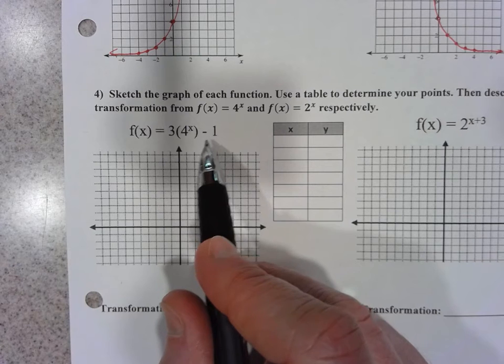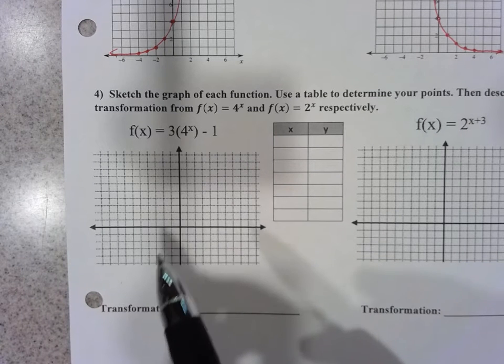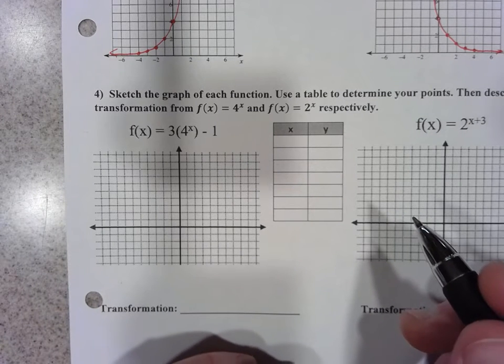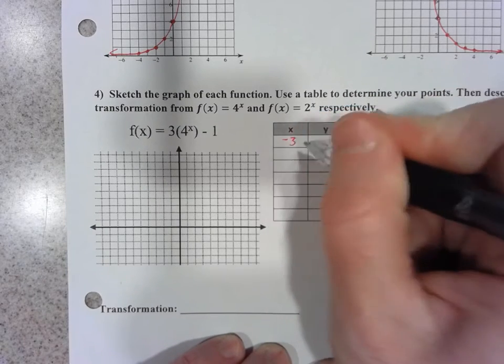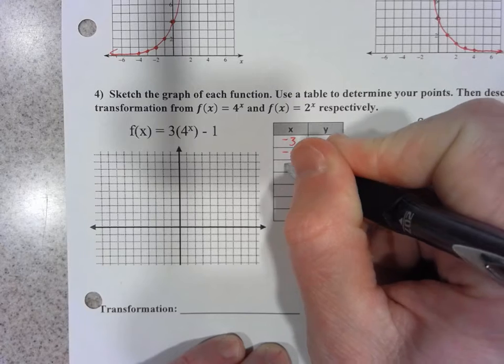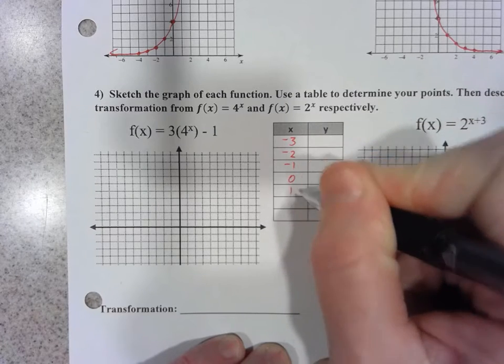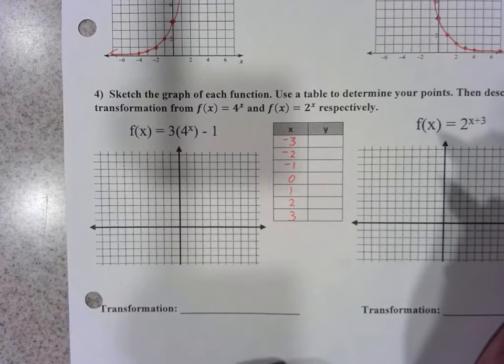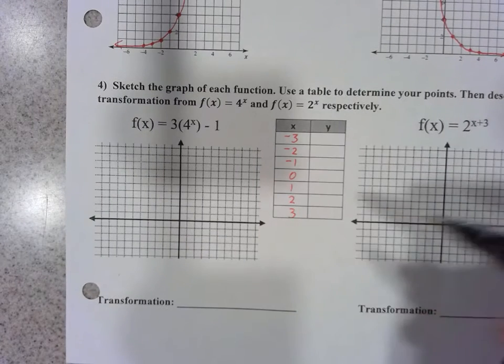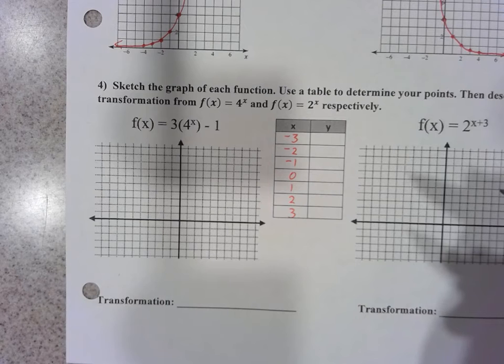Make sure the minus 1 is not part of the exponent. And then we're going to insert values in for x. Again, it doesn't have to be these exact x values, but something around this range.